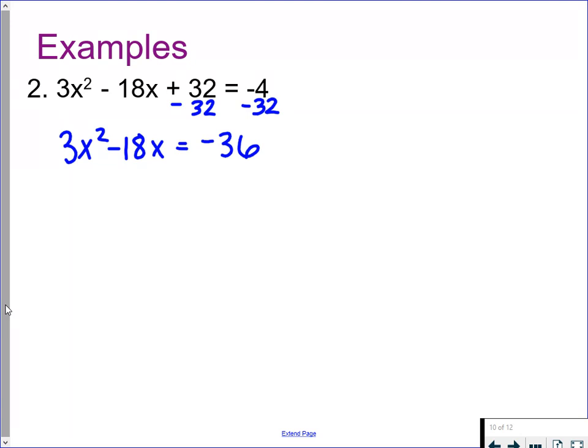Still add my C value over. Now I take out my A value, which conveniently is going to be my greatest common factor.